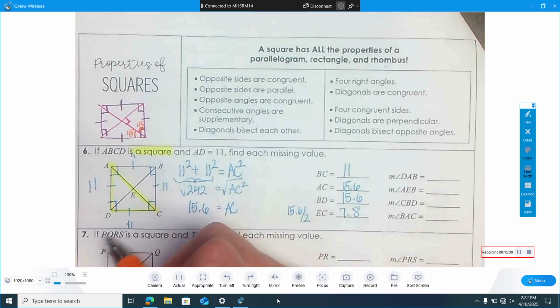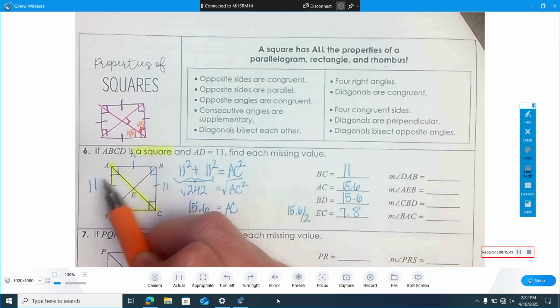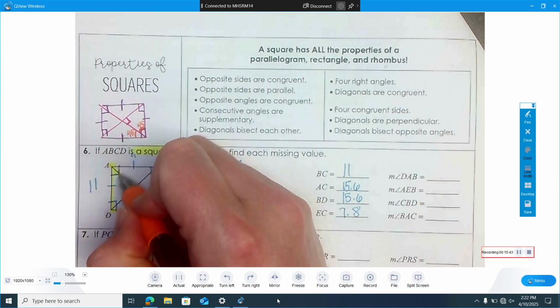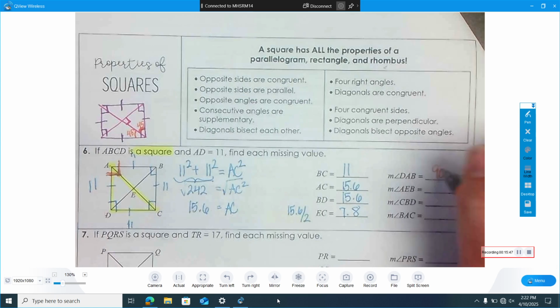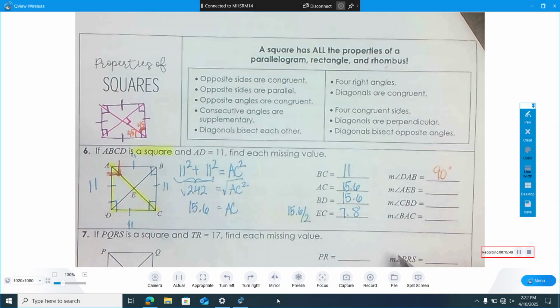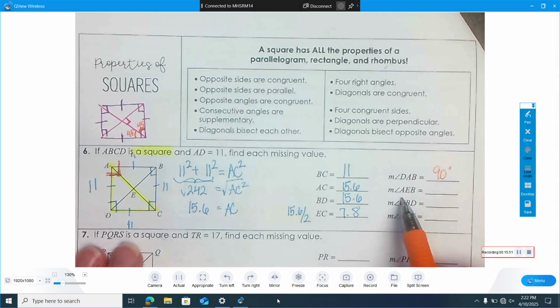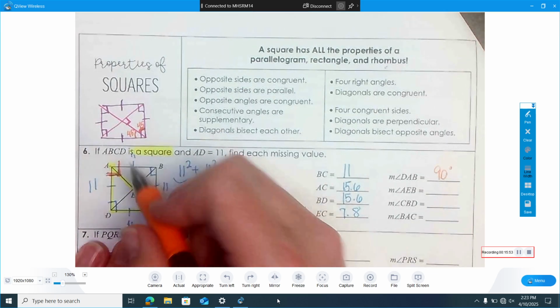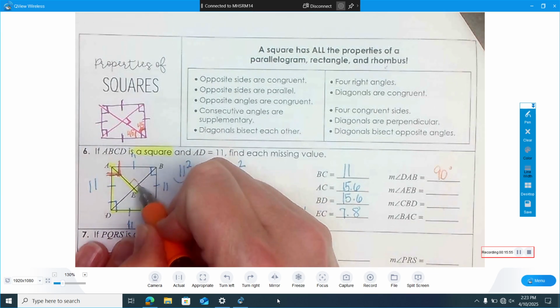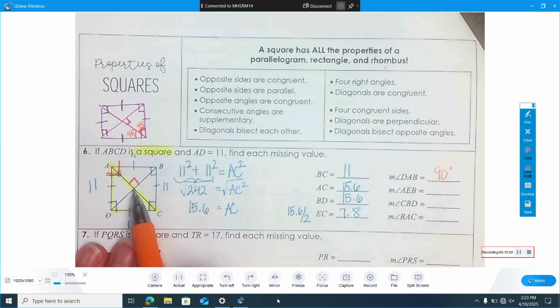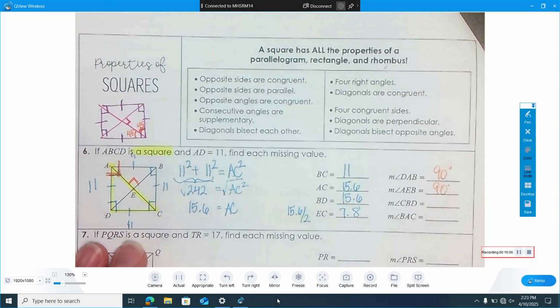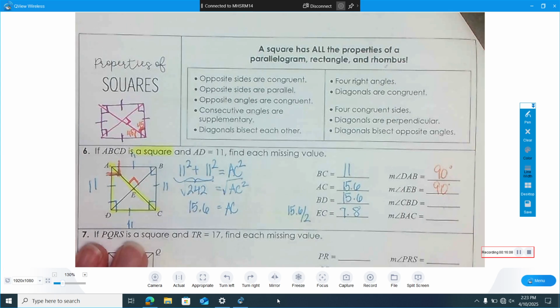Angle DAB is what? 90 degrees. Good. Angle AEB is also 90 degrees because it's that little angle there, AEB, where the diagonals intersect. They are perpendicular.